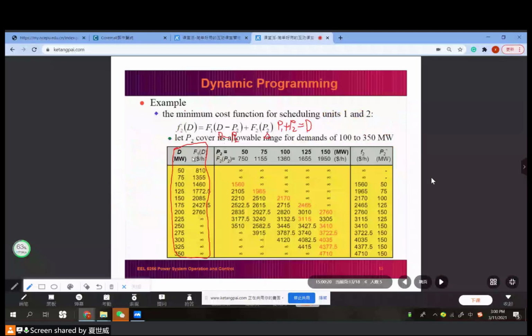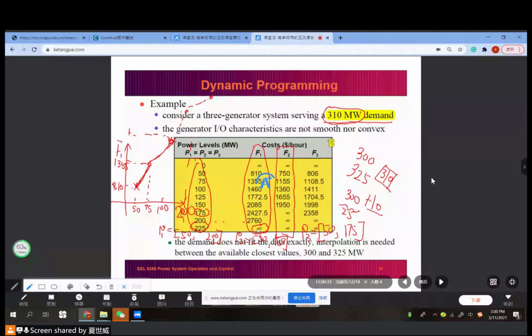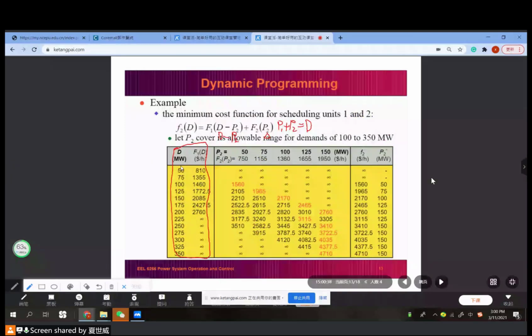So if generator 1 supports a load of 50, the fuel cost is 810, 75, 1355. We just copy these two columns here. You will find that for generator 1, 50 gives 810. This is the input-output curve for generator 1. We also copy the data for generator 2.